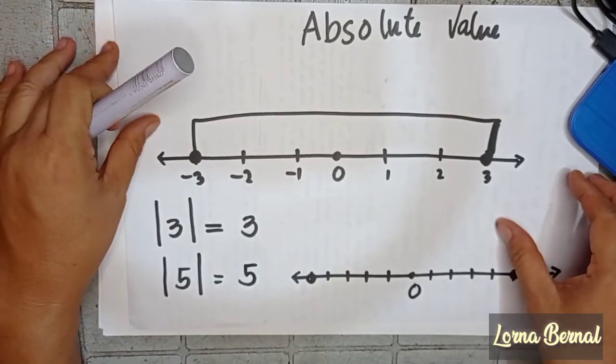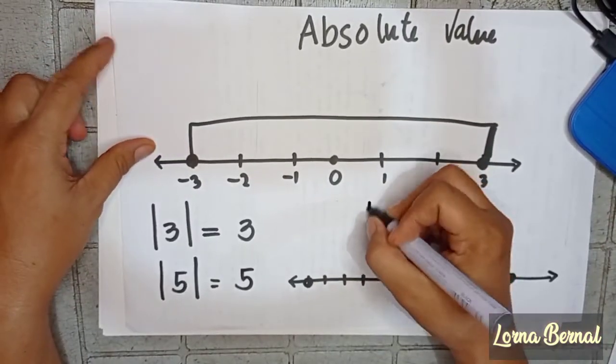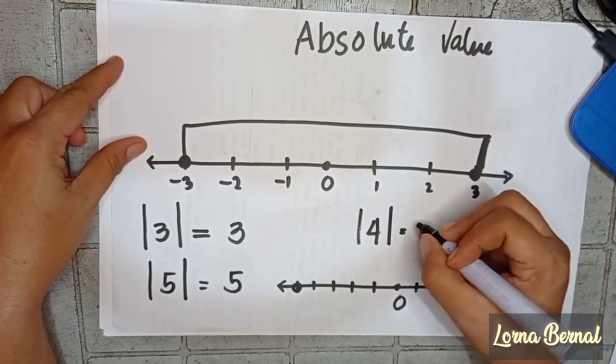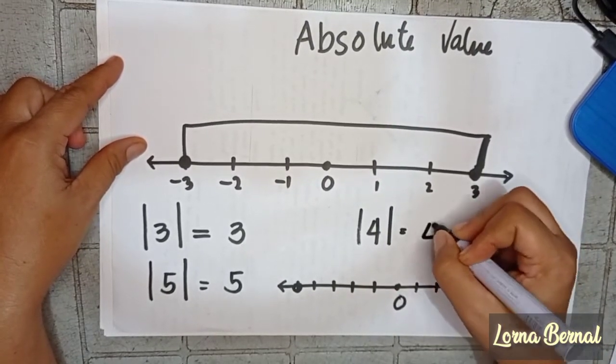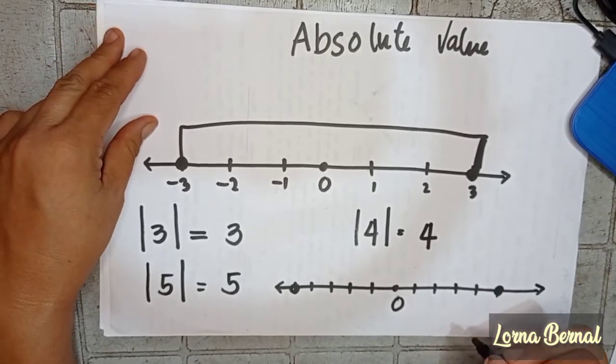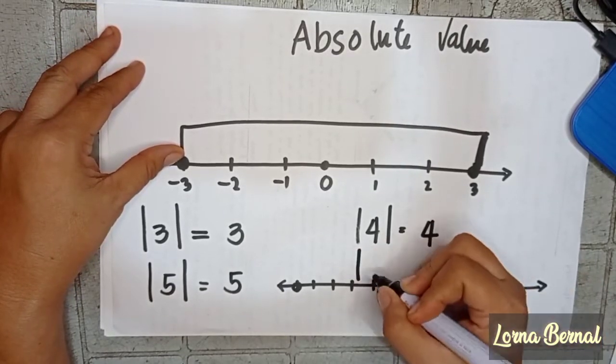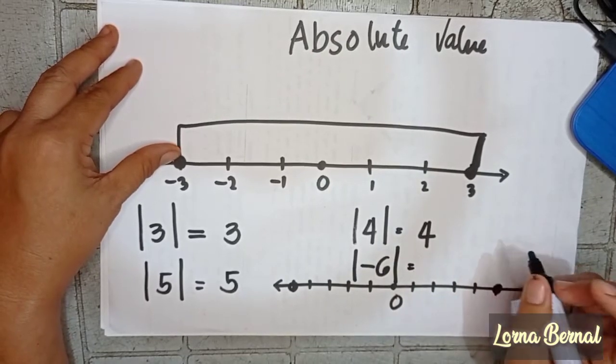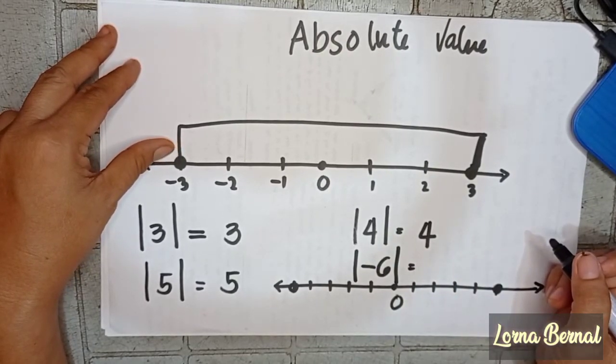Another, what is the absolute value of 4? Okay, right, you're correct. So the absolute value of 4 is positive 4. Now, what is the absolute value of negative 6? Remember, the absolute value is always positive.